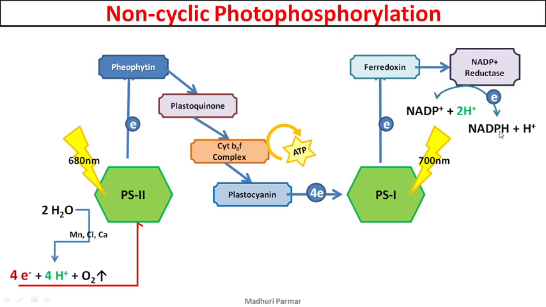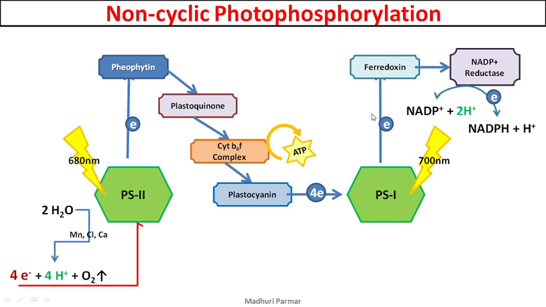If you remember, in respiration, the terminal electron acceptor, a molecule which will accept the electrons at the final position, is oxygen. In this case, the terminal electron acceptor is NADP.